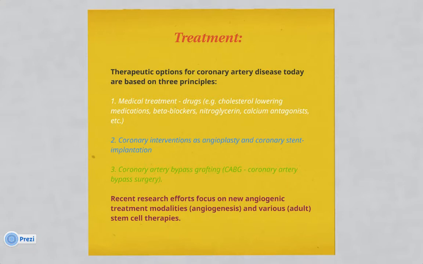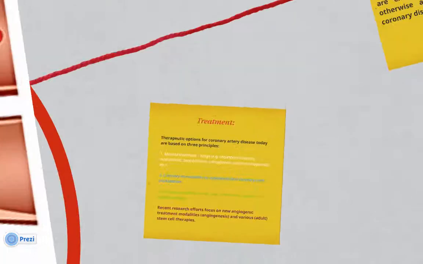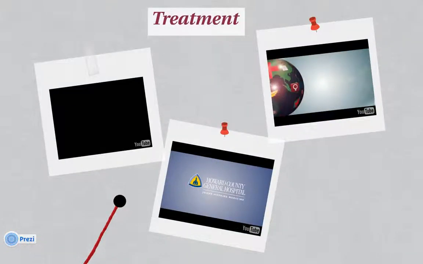The third one is coronary artery bypass grafting. Recent research efforts focus on new angiogenic treatment modalities and various stem cell therapies. So let's watch some videos about the treatment.